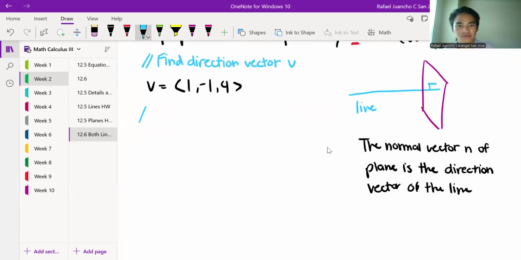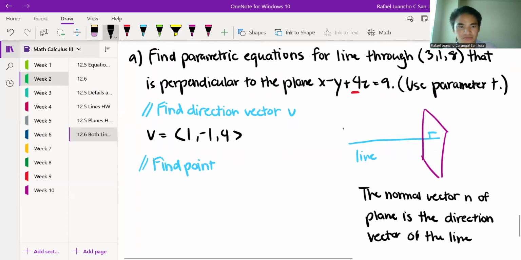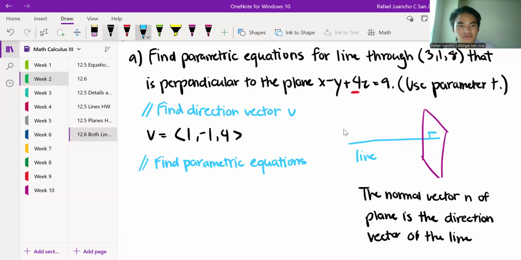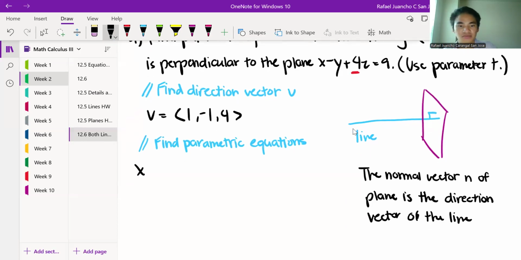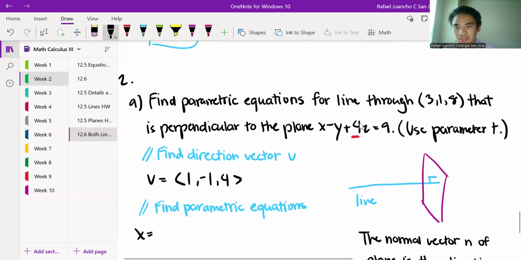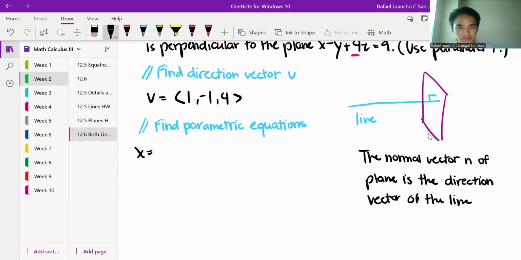Okay. Now we need a point. We already have a point, (3, 1, 8). I don't need to write that. Just find parametric equations and that's it. We can easily just plug in the stuff that we need here. So x is equal to x naught, so 3, plus vt.